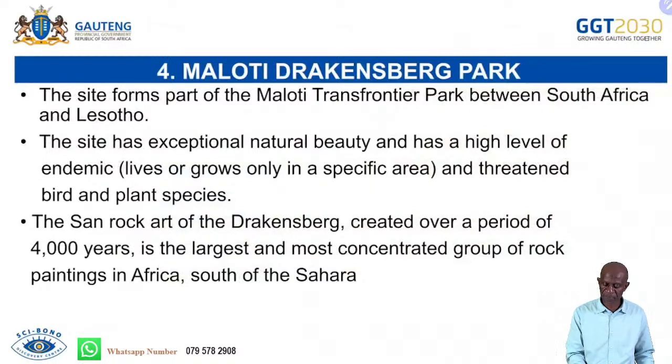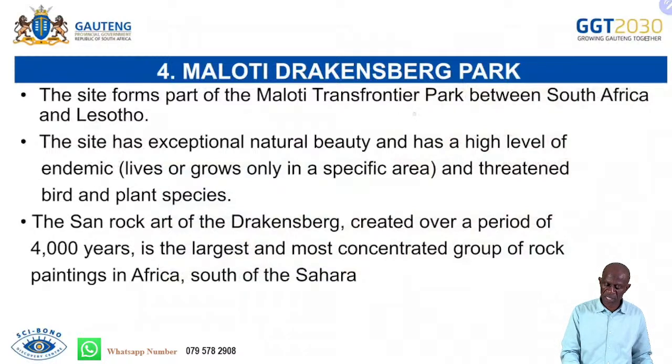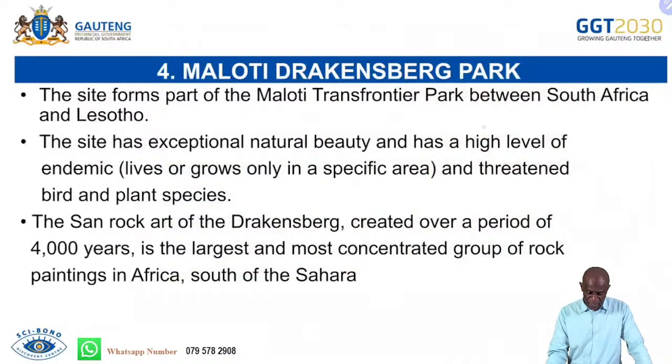So it is found in between the 2 fronts, the South African front and the Lesotho front. It creates a border between the 2 countries, but the trans-frontier parks are borderless to allow natural life or natural game to move freely in the park.